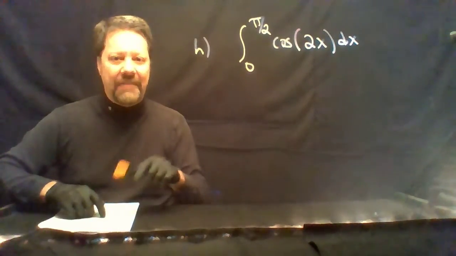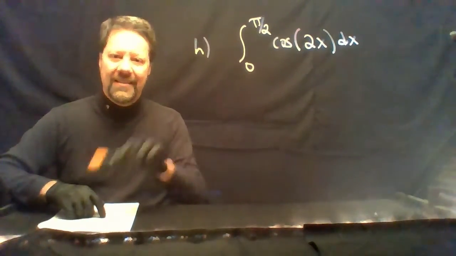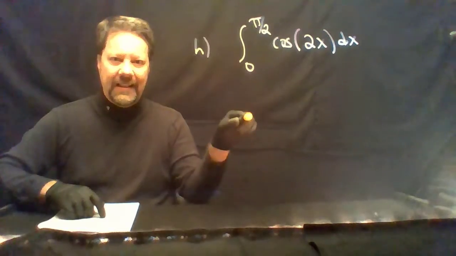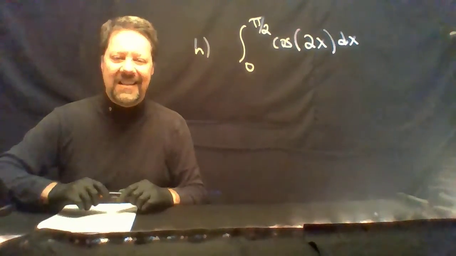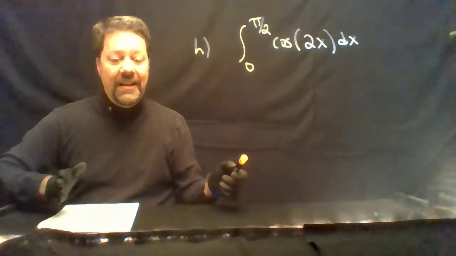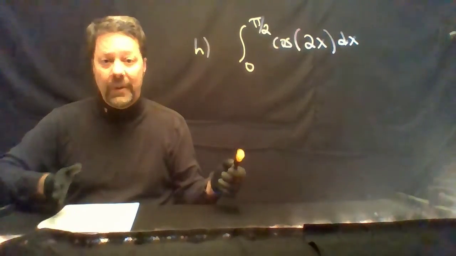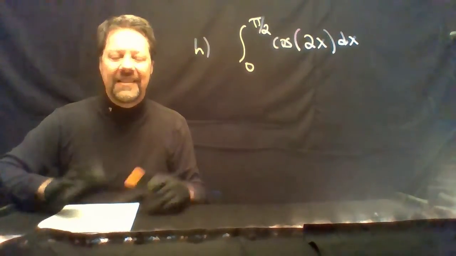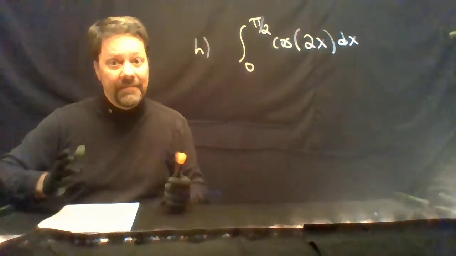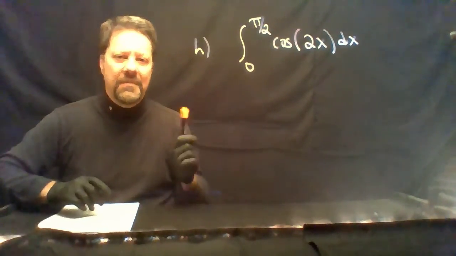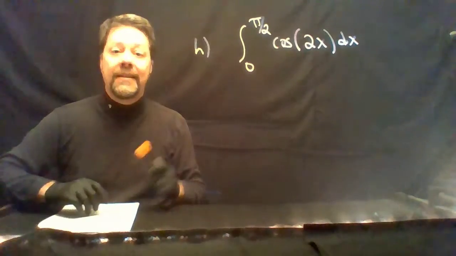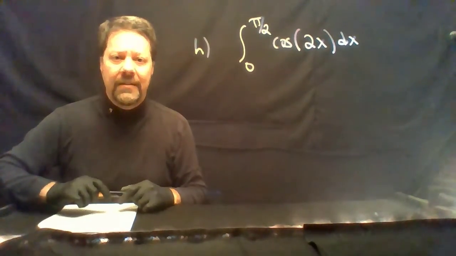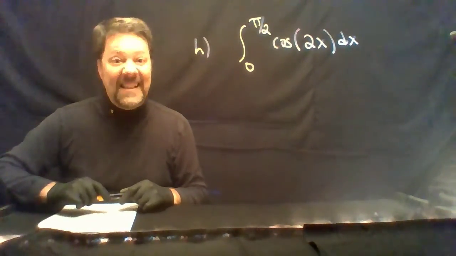For sine, you have to integrate over the whole period so that you get a positive bump and a negative bump to cancel out. If you integrate cosine over a whole period, you will, of course, get 0 in the first half and 0 in the second half. 2 times 0 is still 0. But the principle you need to remember is, if you integrate cosine over half a period, you got nothing.